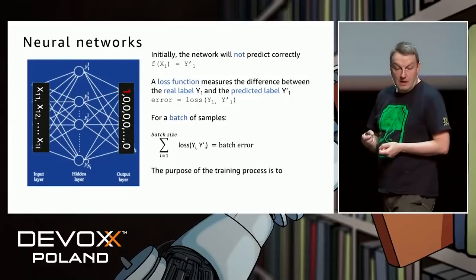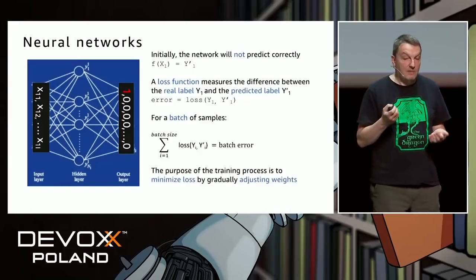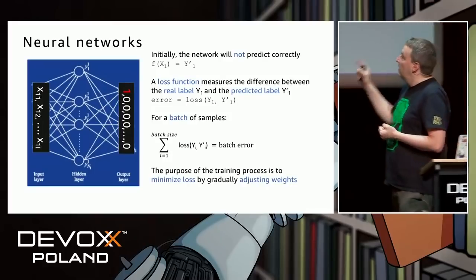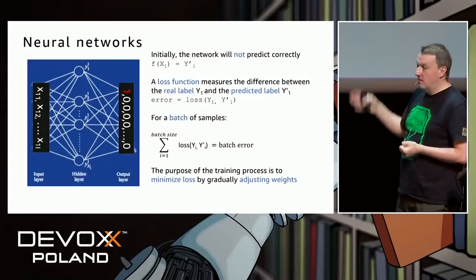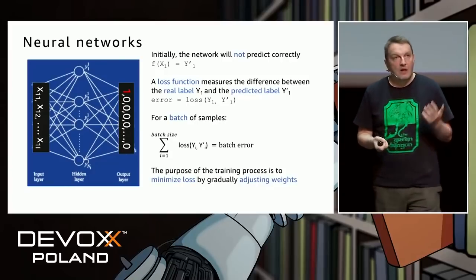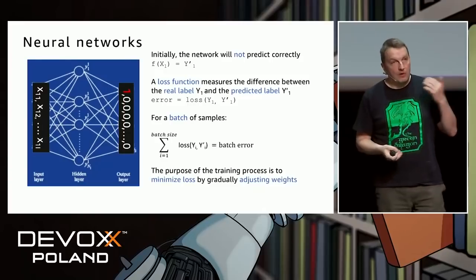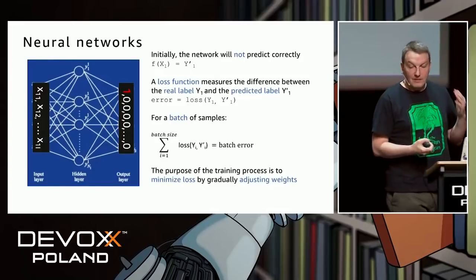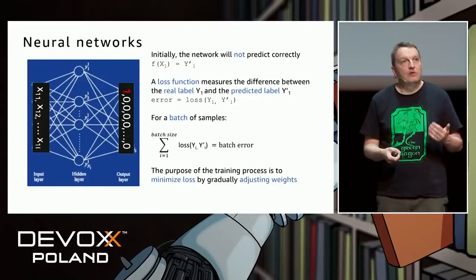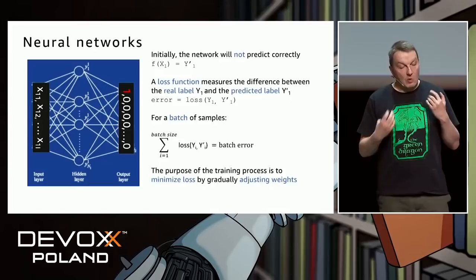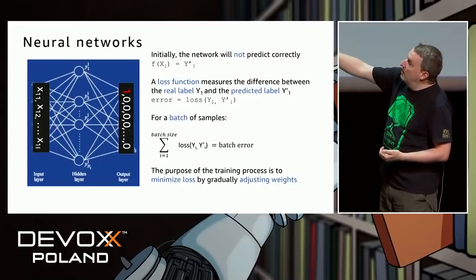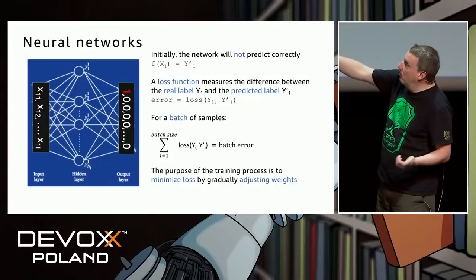So, in a nutshell, the purpose of the training process is really only one thing. It's to minimize loss, minimize prediction error for the data set by training over and over, iteratively, and by adjusting the weights gradually during the training process. So what we're really trying to do here is, in these examples, I don't know how many weights we have, maybe let's say 25 or something like that.